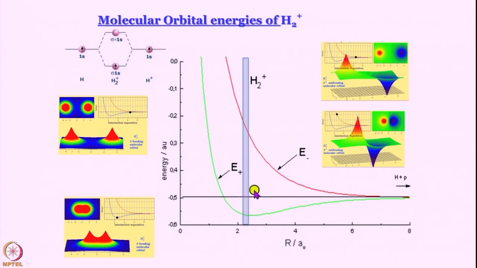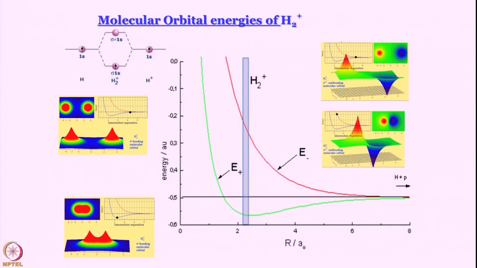Another point to note is that at equilibrium bond length, stabilization of the bonding orbital is actually less in magnitude compared to the destabilization of the anti-bonding orbital. You can explain this qualitatively by talking about build up of electron density and depletion of electron density between the two nuclei, but only qualitatively.